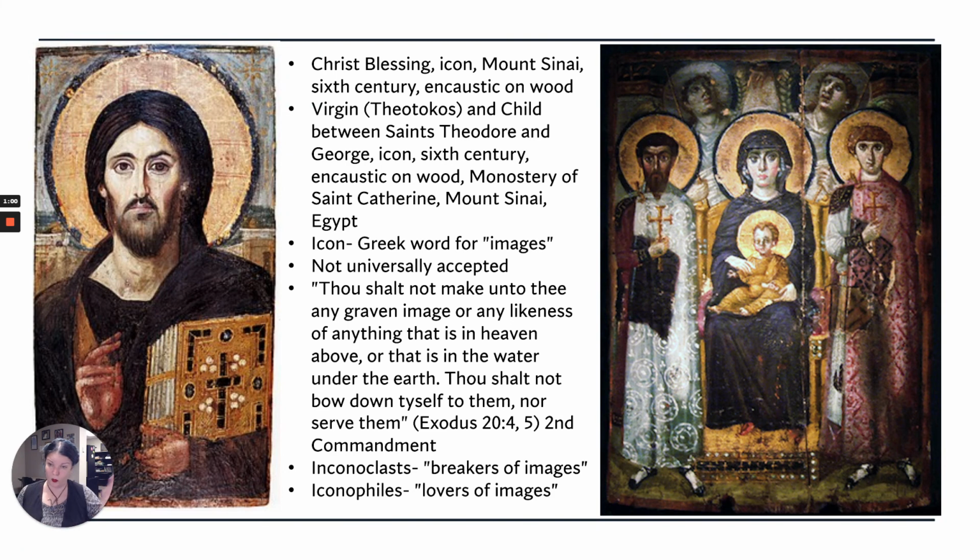There was a group of people called the iconoclasts, which translates literally to image breakers, who had this belief that this was bad, that it was blasphemous and they shouldn't be doing this. And so he decides to listen to them, and he bans portraying holy imagery.